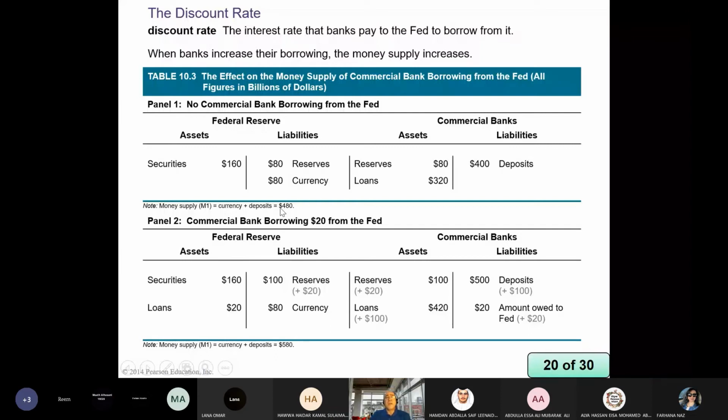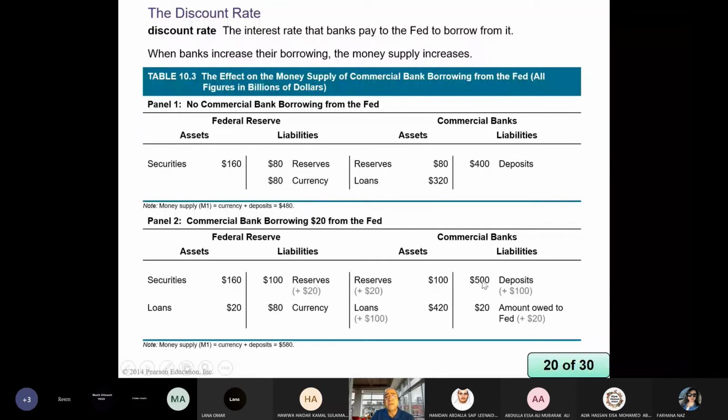Now, when the central bank decreased the discount rate and commercial banks are encouraged to borrow 20 dirhams, the money supply increased to 580. Currency of 80 plus deposits of 500.